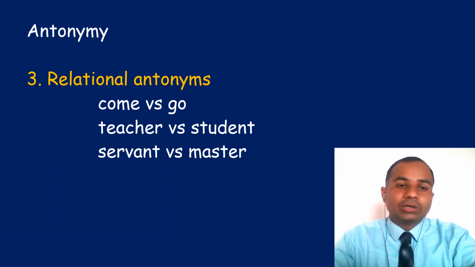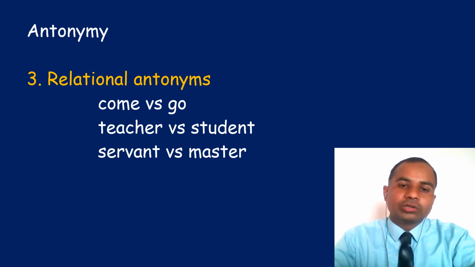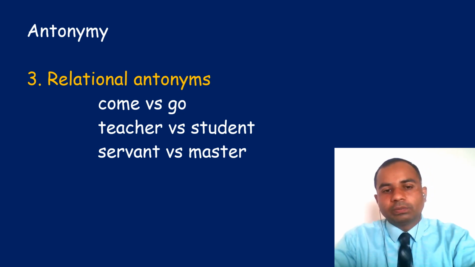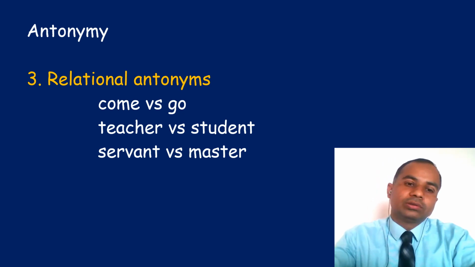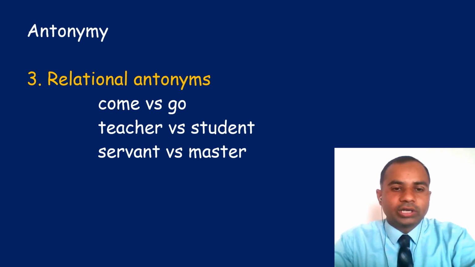Then we have the third kind of antonyms, relational antonyms. They can change with some point. For example, come and go. What is coming? Coming to the speaker, for example. Someone is coming to the speaker, and what is going? It is going away from the speaker. So it depends on the speaker's perspective point, locational point, or vantage point.